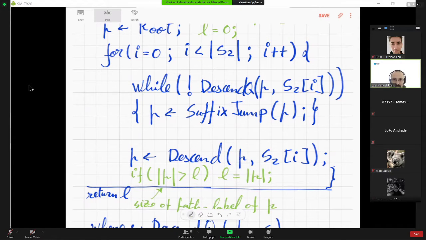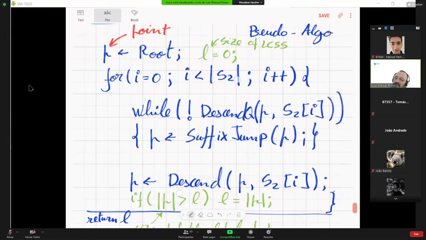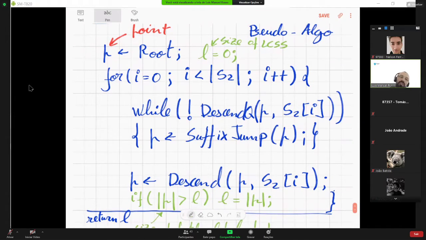Is this more or less clear? Does everybody at least agree that this returns the size of the longest common substring?